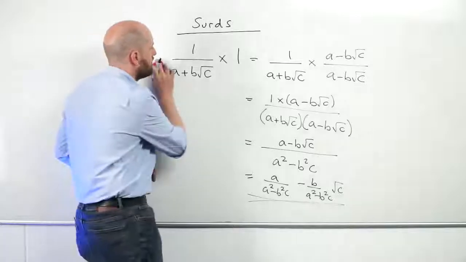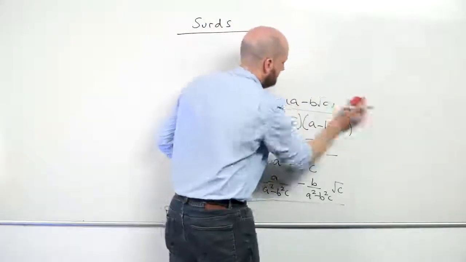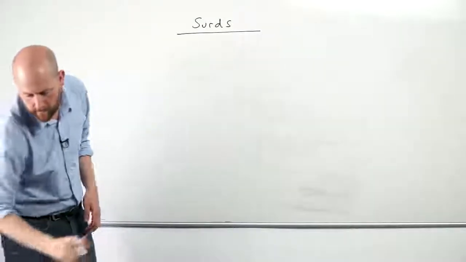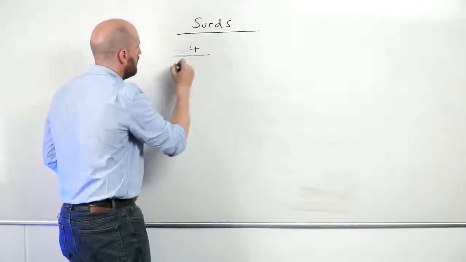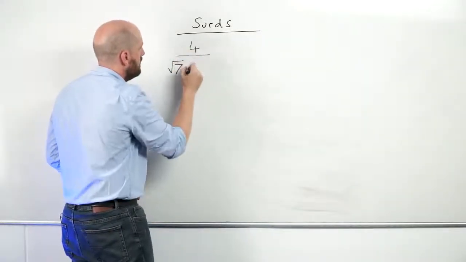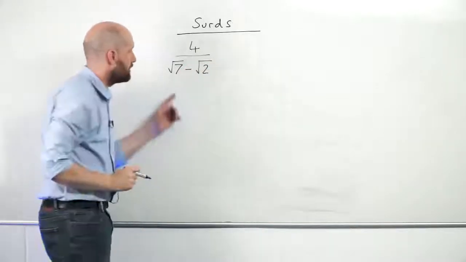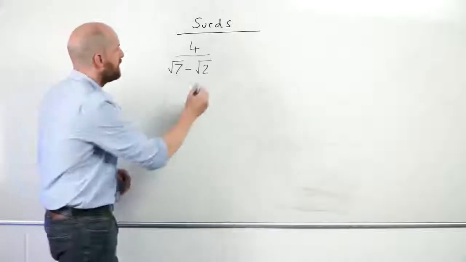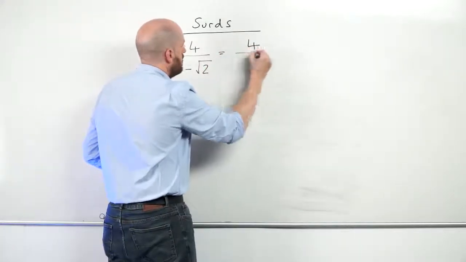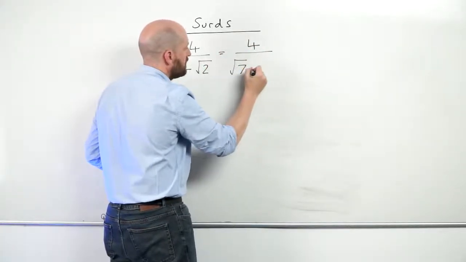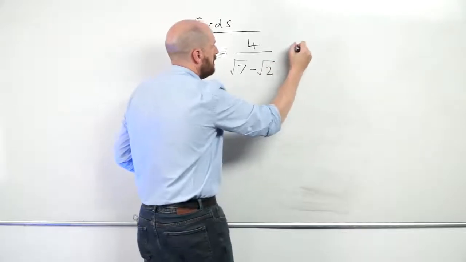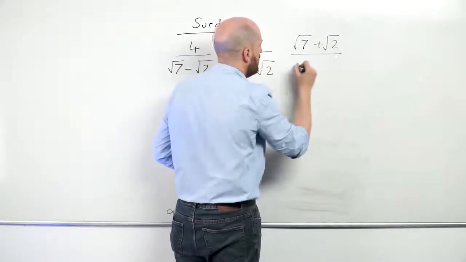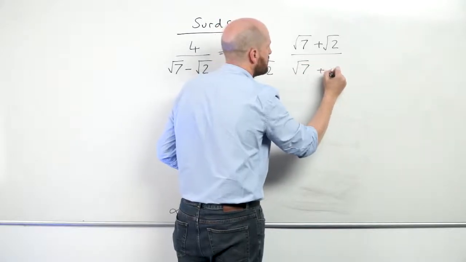Okay, I'll just do one very quick example of that. And the example I have is 4 over the square root of 7 minus the square root of 2. Okay, so 2 surds in the denominator here, but it still works. What I do is I multiply by the square root of 7 plus the square root of 2 over the square root of 7 plus the square root of 2.